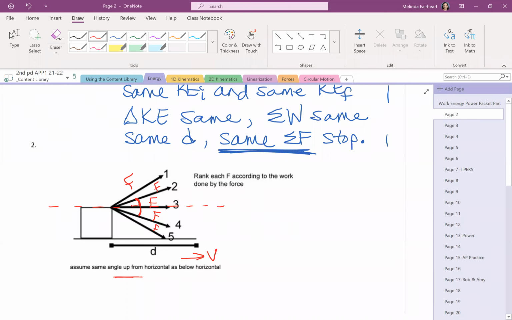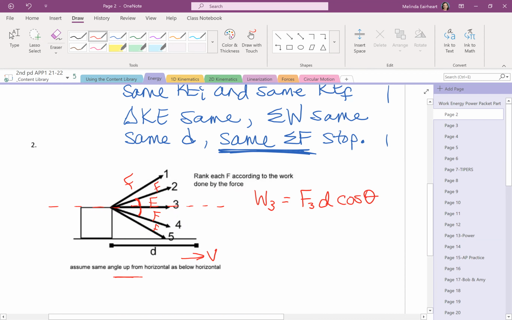Why is 3 doing more work? Okay, and so the work done by 3, notice we're still using subscripts for identification purposes, right? So they're all an applied force. We're ignoring gravity, normal, and any friction here. It's just based on these forces. And so the work done by 3 is equal to the force done by 3 times the distance, and then either conceptually considering the parallel piece or throwing in cosine theta.